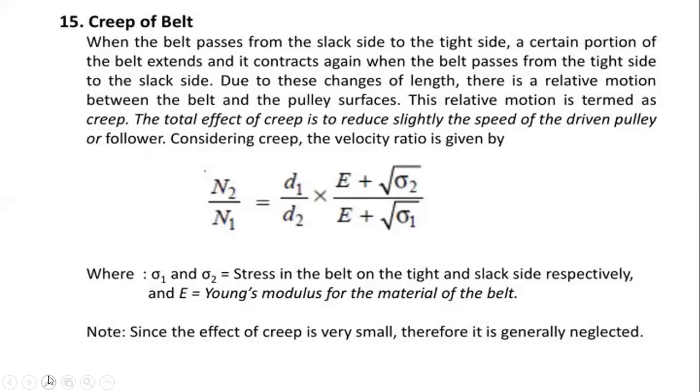Due to these changes in length, there is a relative motion between the belt and the pulley surfaces. This relative motion is termed the creep, the looseness.